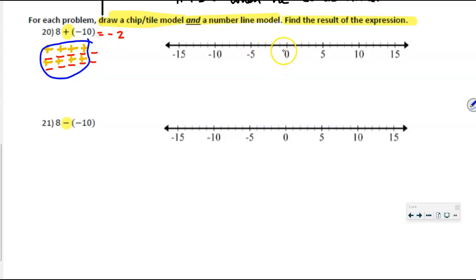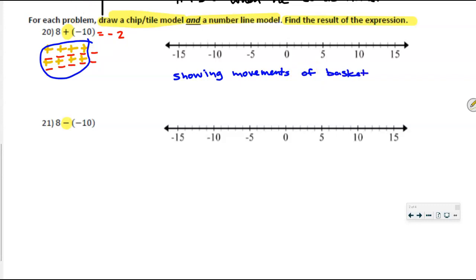The number line model, again, we've been over subtraction so recently that you forgot how to do a number line model for addition. When we're drawing our number line model for addition, we're just showing the movements of the basket. So our magical floating basket always starts at 0.